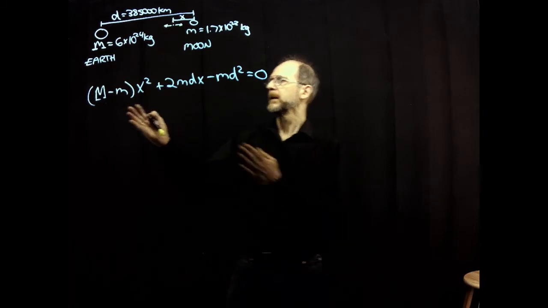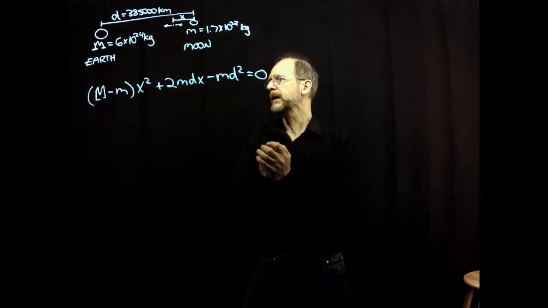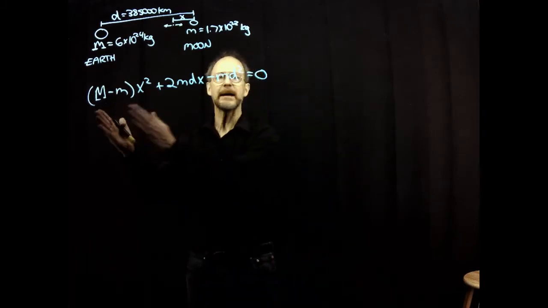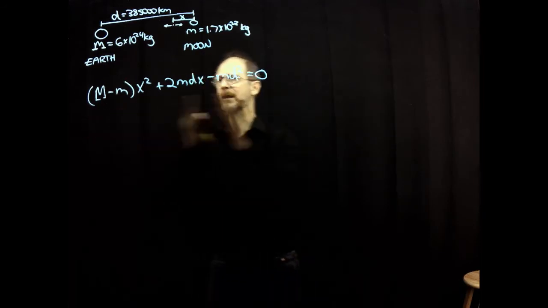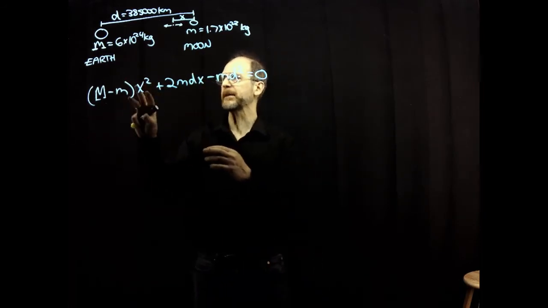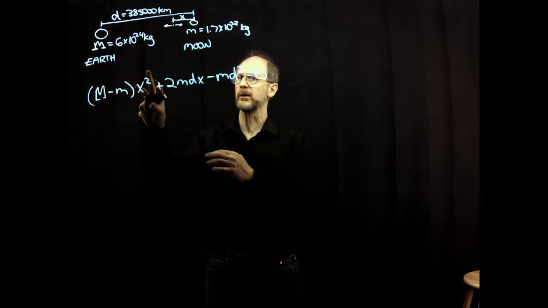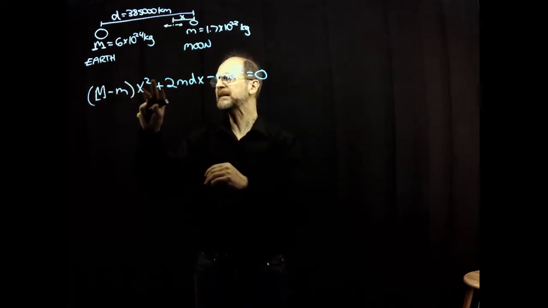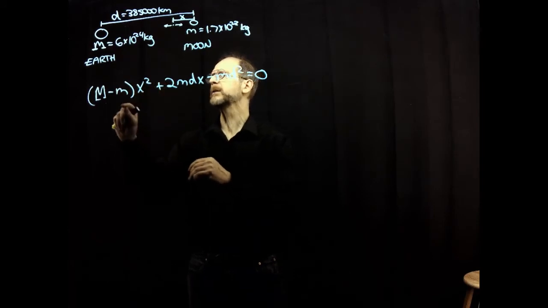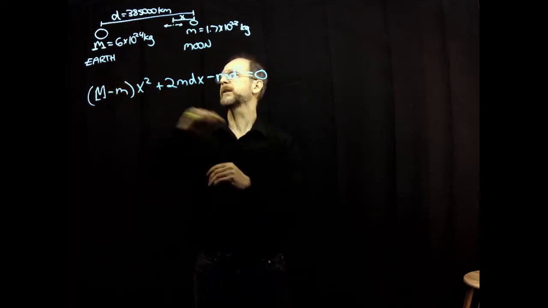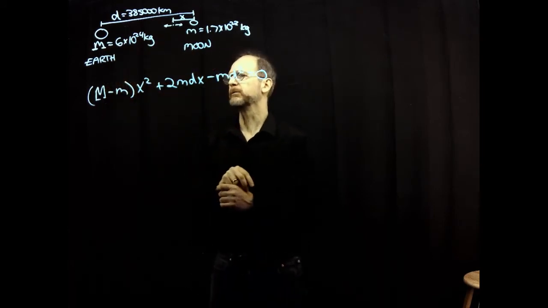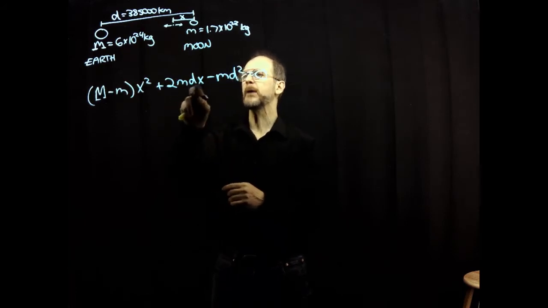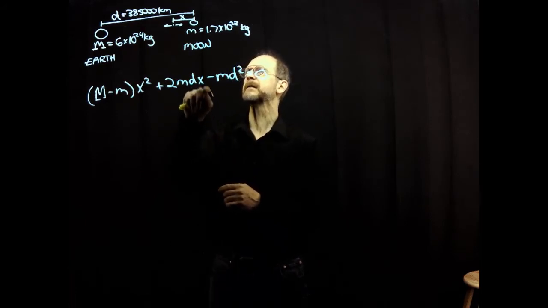Here was the upshot: we ended up with this quadratic equation. Quadratic equation just means you have something in the form of something times x squared equals something else. In this case, the something times x squared is big M minus little m, the Earth's mass minus the moon's mass, plus 2md times x.